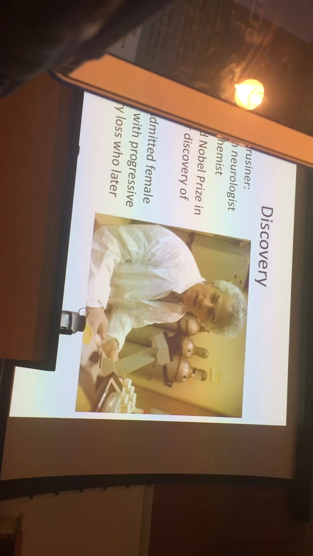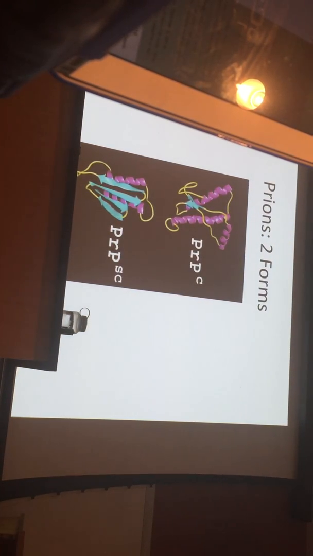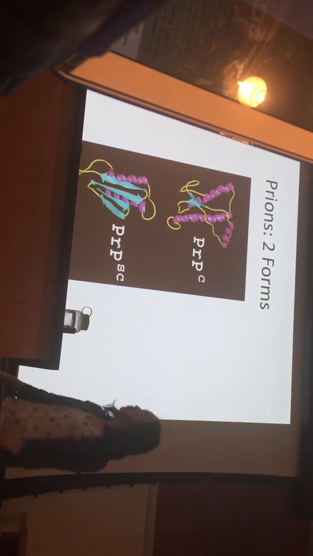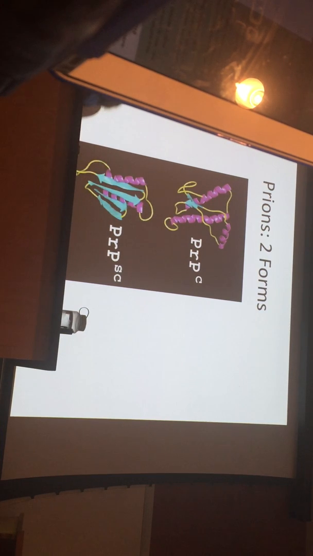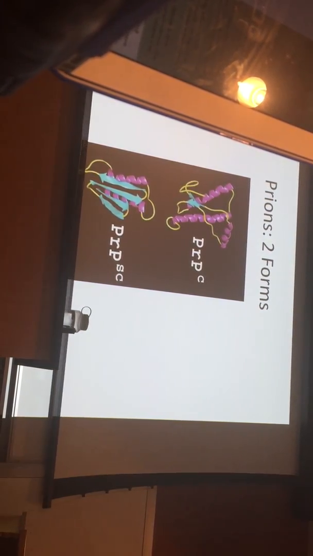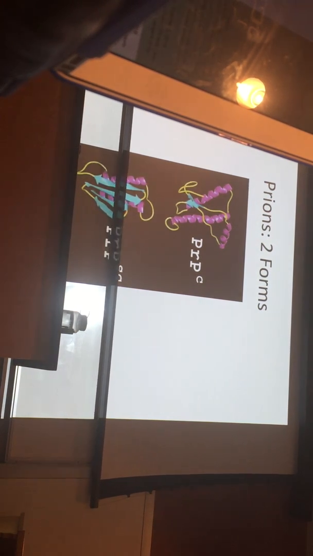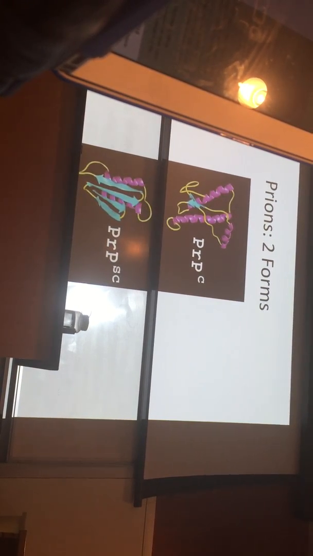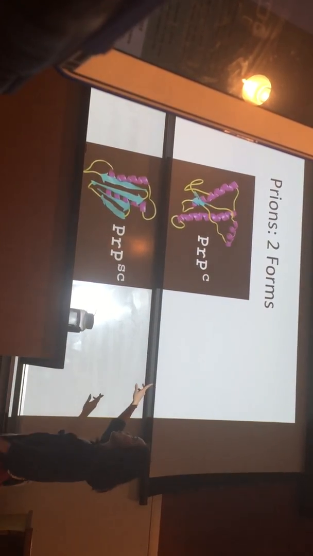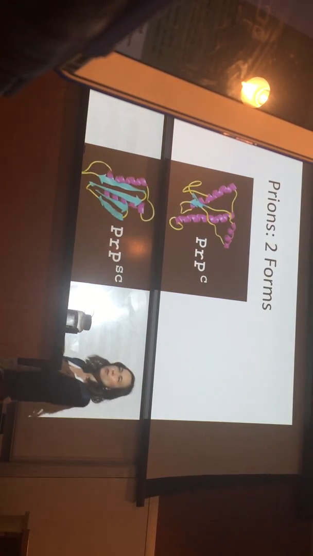So I have a picture of, since prions are just proteins, you guys know that proteins have helices and beta sheets in them. I have a picture of the normal and abnormal forms of a protein. So on top, this is kind of the shorthand. The acronyms here are used to designate the normal and the abnormal forms.